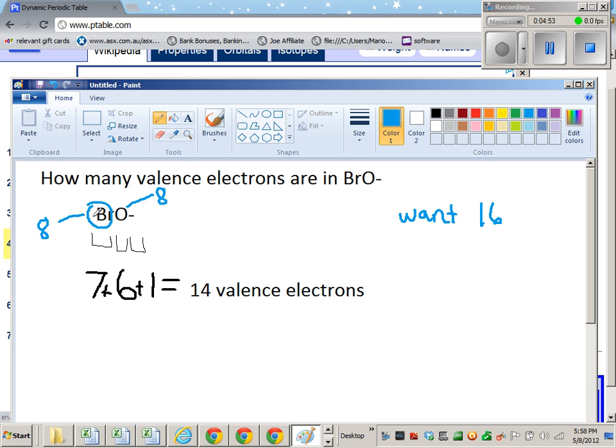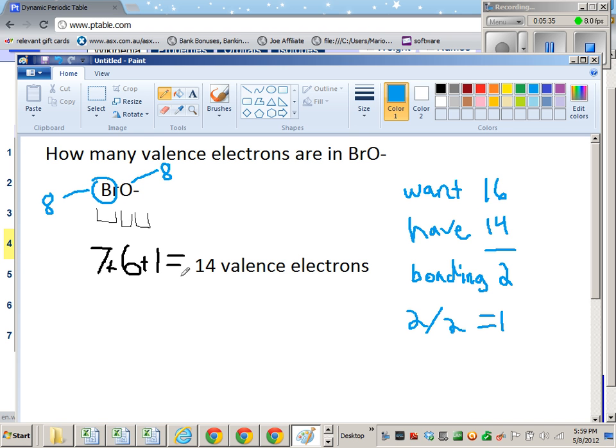But between the bromine, the oxygen, and the -1 charge, -1 meaning that there's 1 extra electron around, there's 14 valence electrons. So if I take the difference and figure out how many electrons they're going to need to share in order to get 16 total versus the 14 that they actually have, I would end up getting 2 electrons. These are the electrons that are going to be bonding electrons. Since each bond is 2 electrons, that means that there's 2 divided by 2 equals 1 bond. So this should have 1 bond.